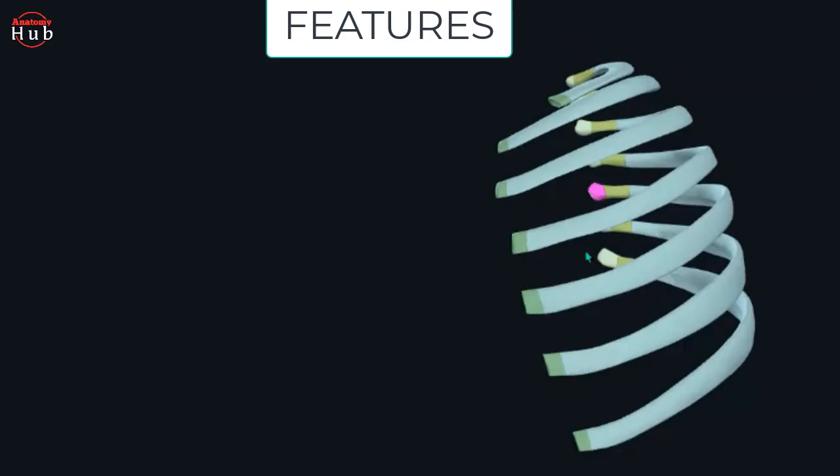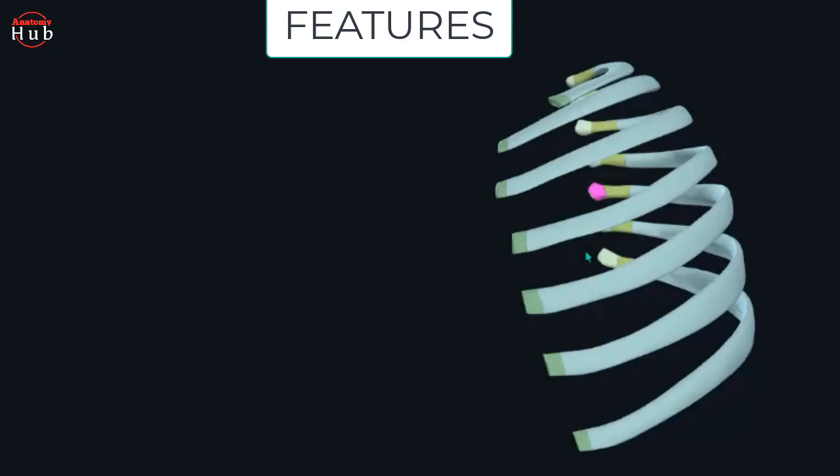As you know, the 8th, 9th and 10th ribs are articulating with the 7th rib, and that 7th rib will articulate with the sternum. That's why the 8th, 9th, 10th are the false ribs. Along with that, you'll find the 11th rib and 12th rib. They don't have any anterior articulation.